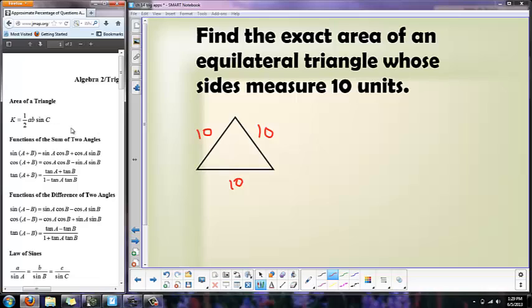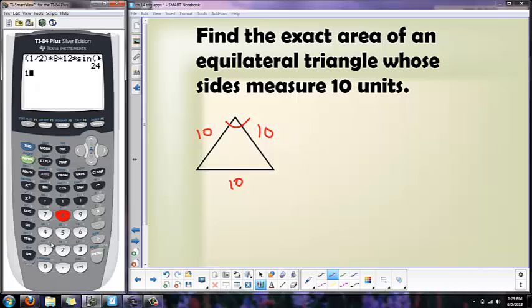How are we going to figure out what one of those angles is? Well, equilateral triangles not only have equal sides, they also have 3 equal angles. So if all of those angles have to be equal to each other, and we know that there's a total of 180 degrees, 180 divided by 3 equal angles, that means that each of those angles is 60 degrees, and that's all that we needed to know.